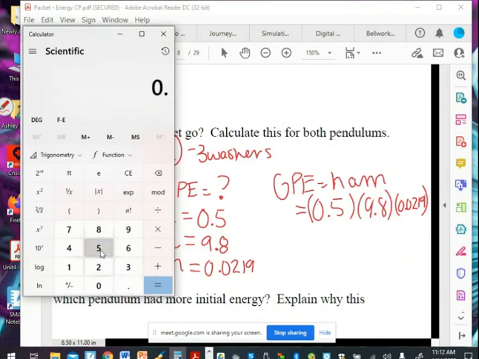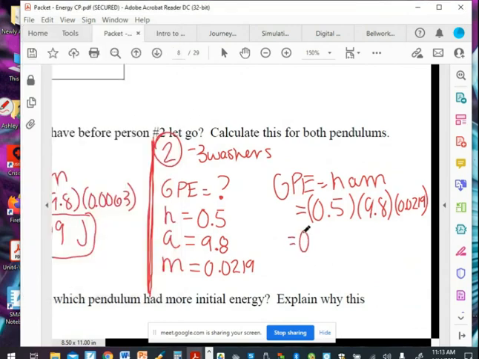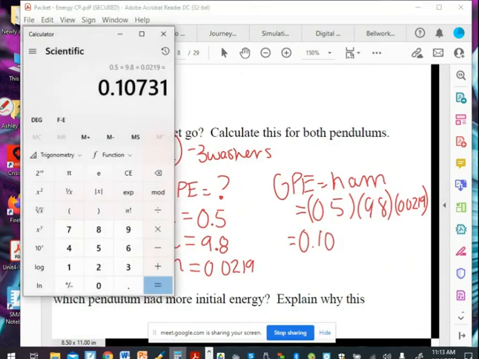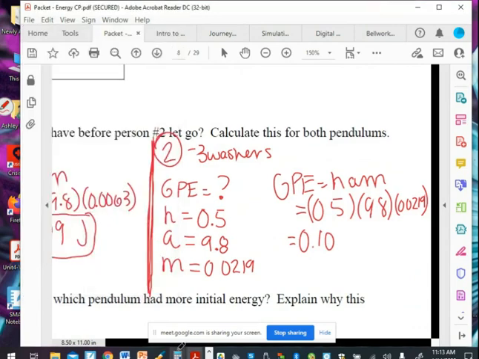So we have 0.5 times 9.8 times, for me, 0.0219. So for me, I get 0.1073. Again, your number might vary slightly, but it should still be low like this. And then I'm going to go to 4 decimal places. So that's 0.1073, and this is joules once again.